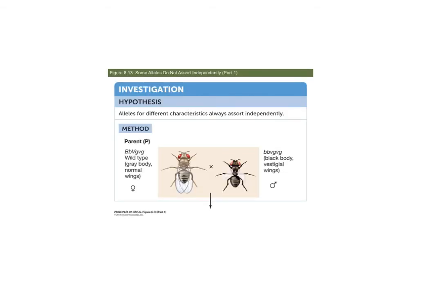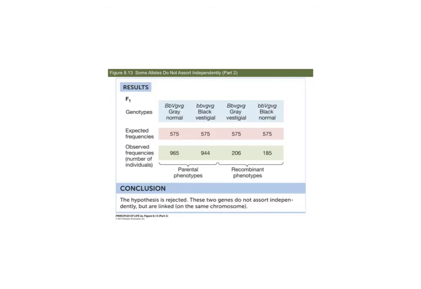So he used the null hypothesis that the alleles are going to assort independently. And just like we would use on the AP exam in AP Biology, he did a chi-square analysis. He looked at how many he would expect to see, and he looked at how many he actually observed. Then he used that data to say that he rejected that null hypothesis.